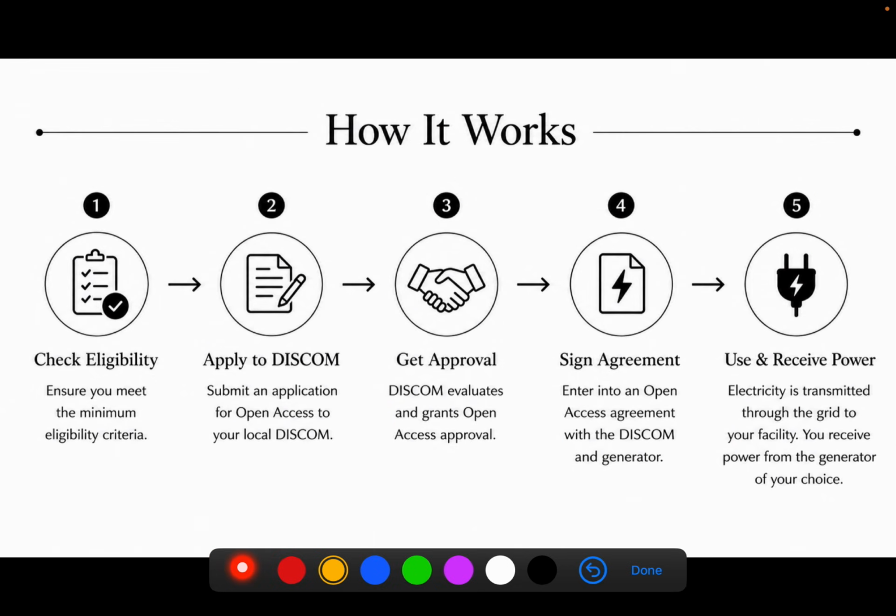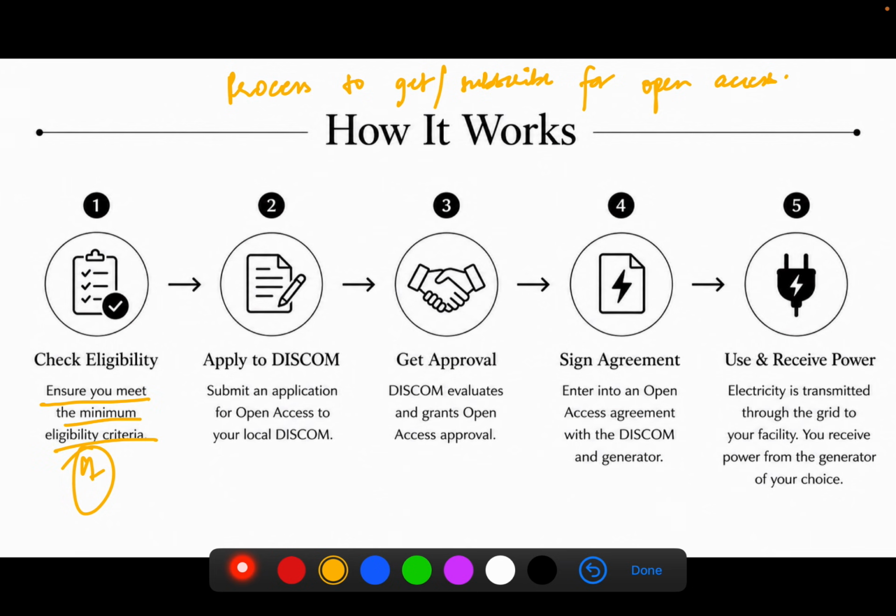Now moving on to the process to subscribe for open access. First, we need to check eligibility. We need to ensure that we meet the minimum eligibility criteria.